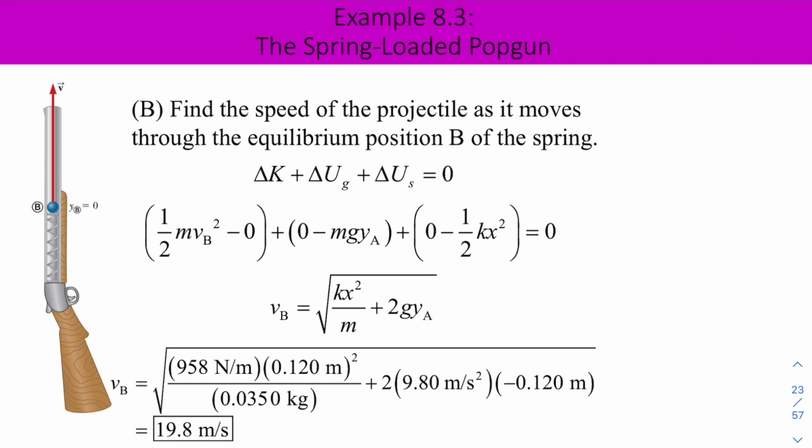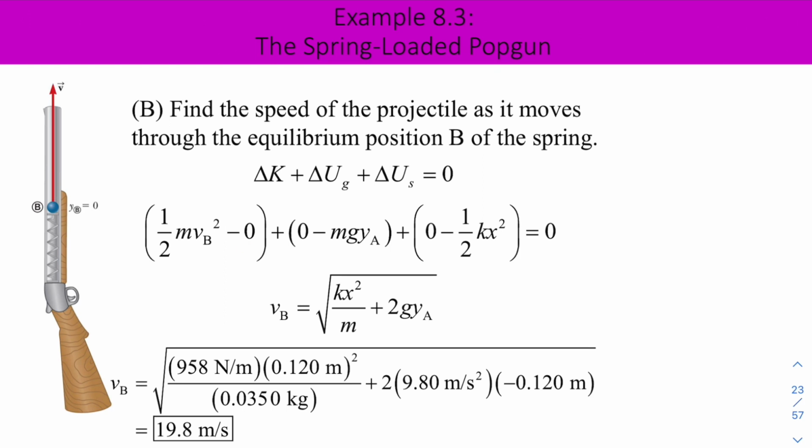B. Find the speed of the projectile as it moves through the equilibrium position B of the spring. Again, we are going to repeat this, but of course half m v final squared will be v at B, which is not 0, it is in motion.